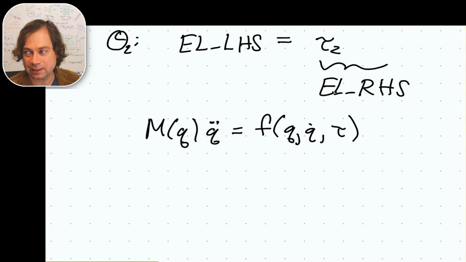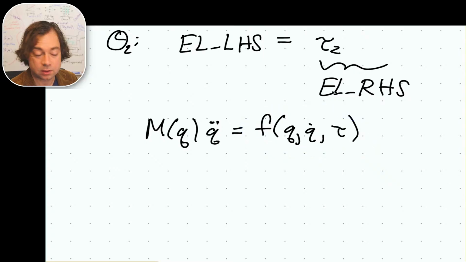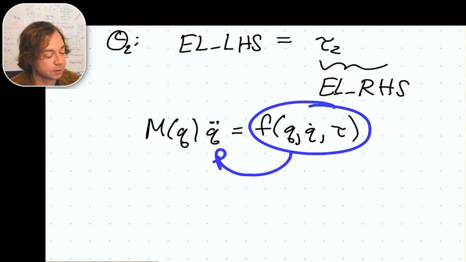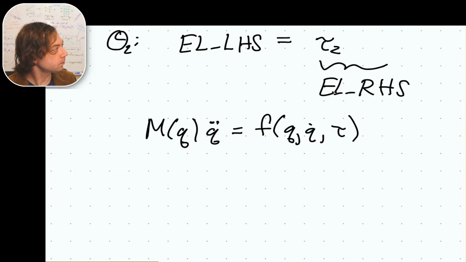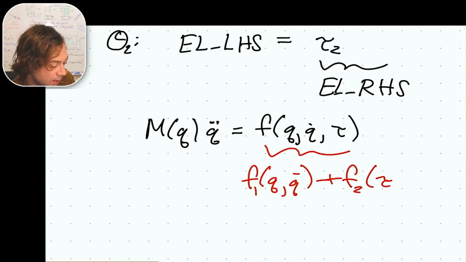It's going to be just a little bit sloppy, okay? Because what we need to do is find a version of f for which there are no taus, put it on the other side. There's cleaner ways we could have done this from the beginning, but we'll figure it out, right? We're going to put everything on the other side except for the taus. So we're going to break this down into two terms: f of q and q dot, which we'll call f1, and f2 of tau.